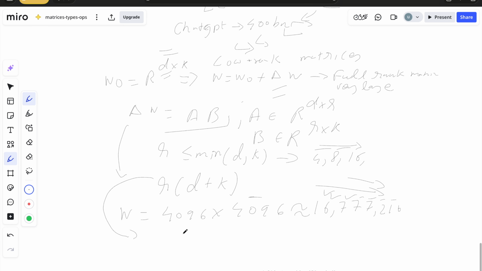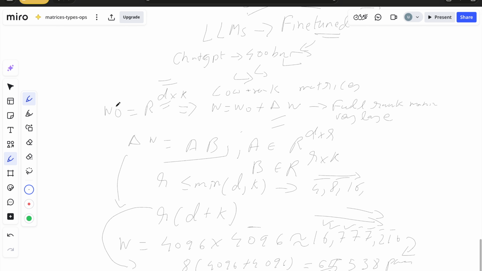Let's say for example we take r equal to 8, then this could be reduced to r times (4096 plus 4096), which gives you just 65,538 parameters most probably. So basically from here to here. That's the motivation behind understanding these matrices, determinants and rank in a matrix.